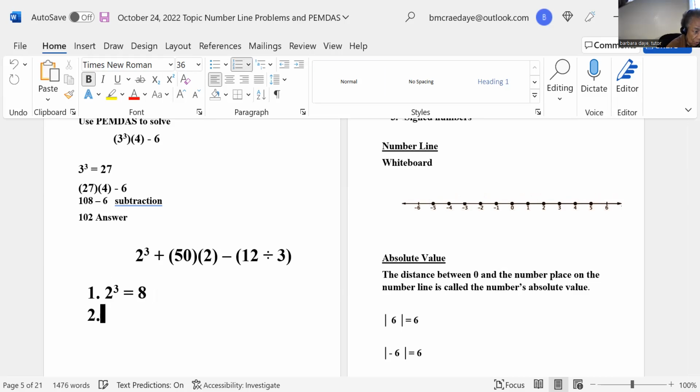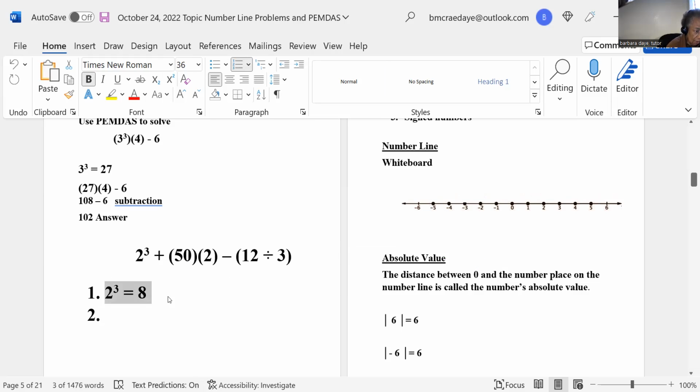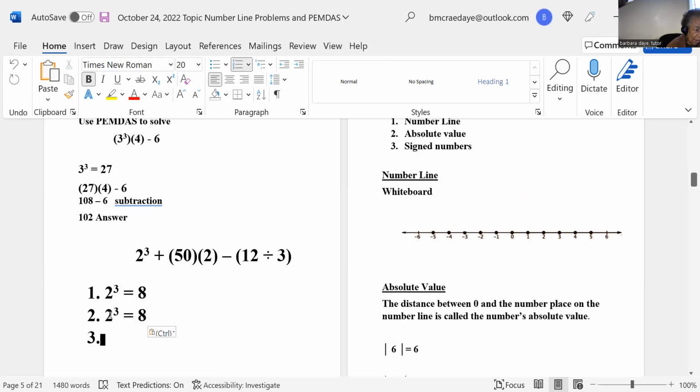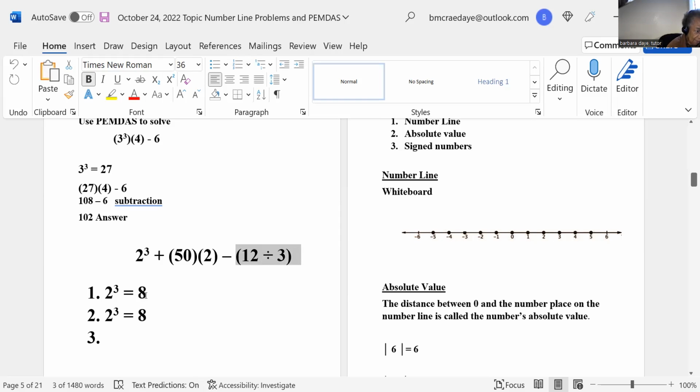Let me just do this. So this would be the second one, exponent. That's the second step, right? The first step is going to be this 12 divided by 3, parenthesis.